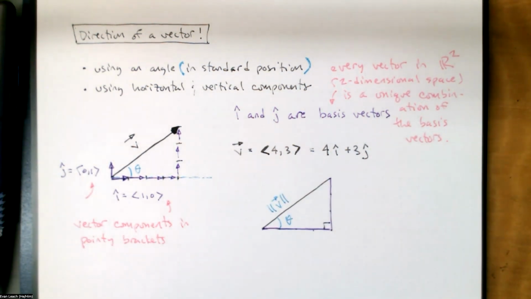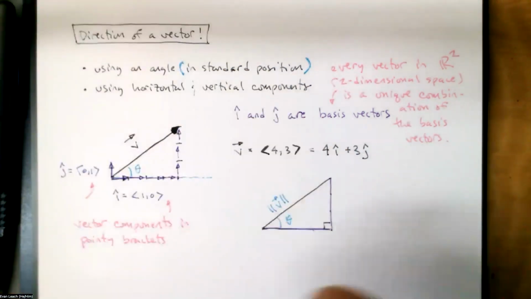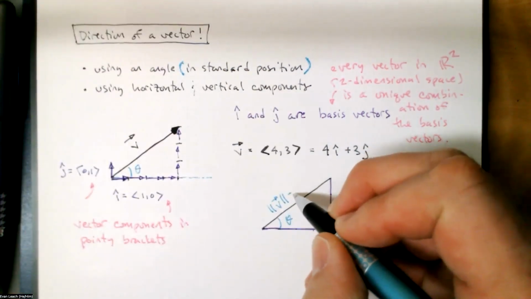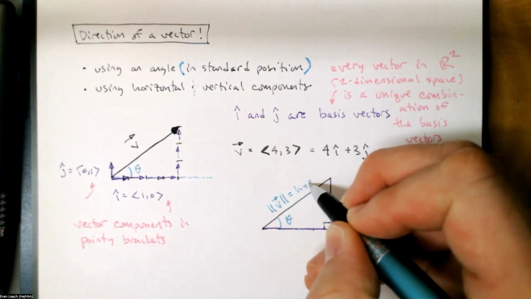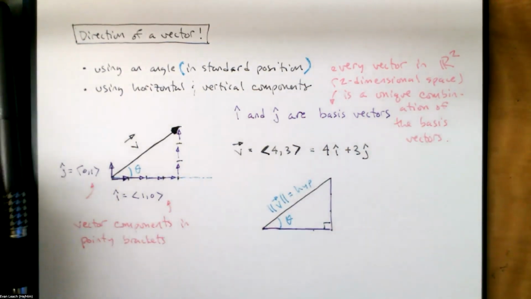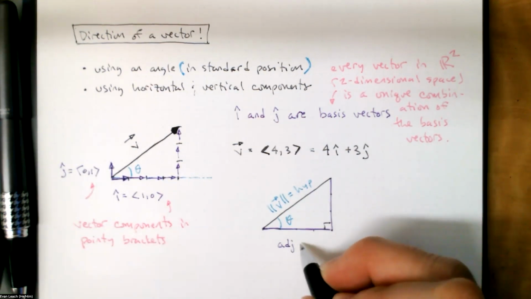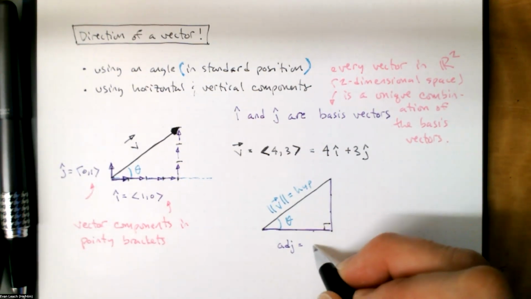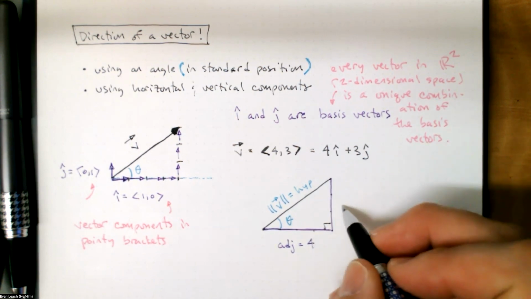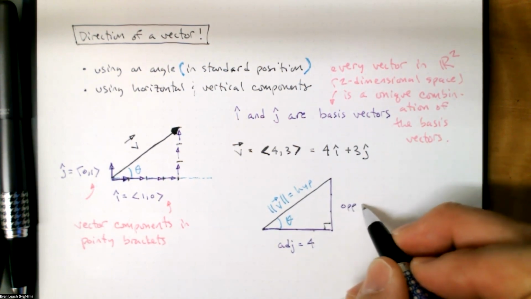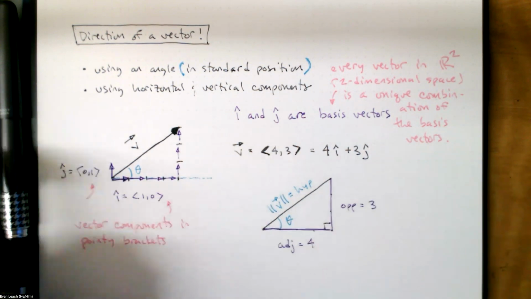The magnitude of the vector v is going to be the hypotenuse. The adjacent side is going to be the i component, and the opposite side is going to be the j component.